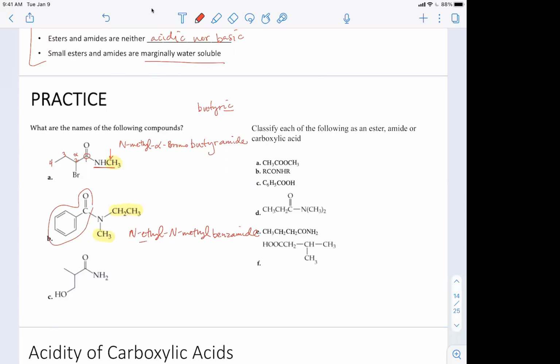Yeah, I just said I agree. Great. You take the ic off on benzoic acid and it's benzamide. Yep, that's perfect. So ethyl comes before methyl. You put the N in front of both. N-ethyl, N-methyl, benzamide.